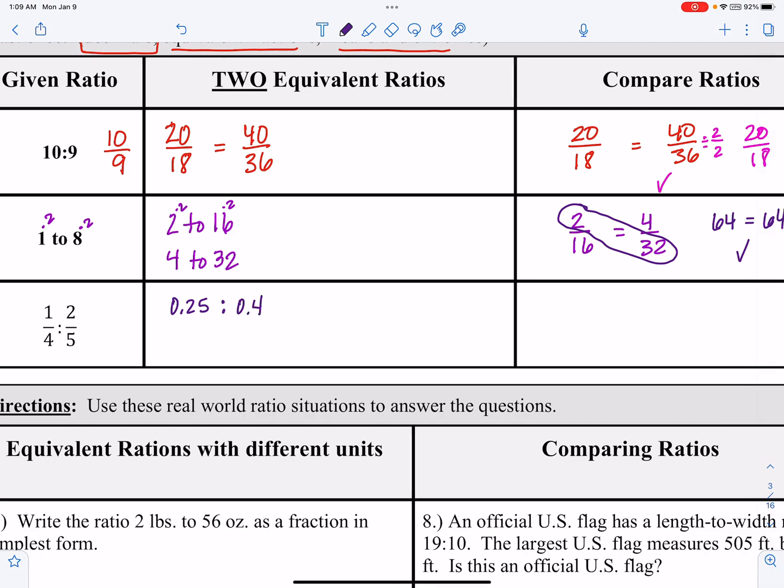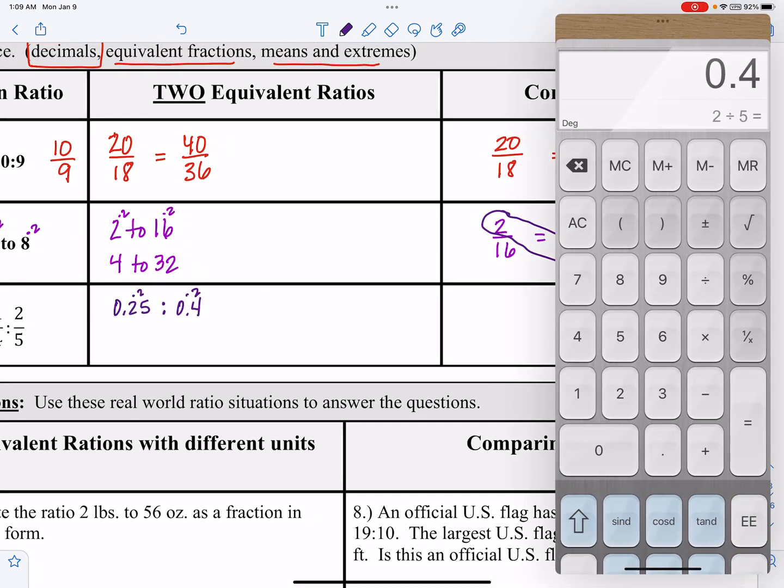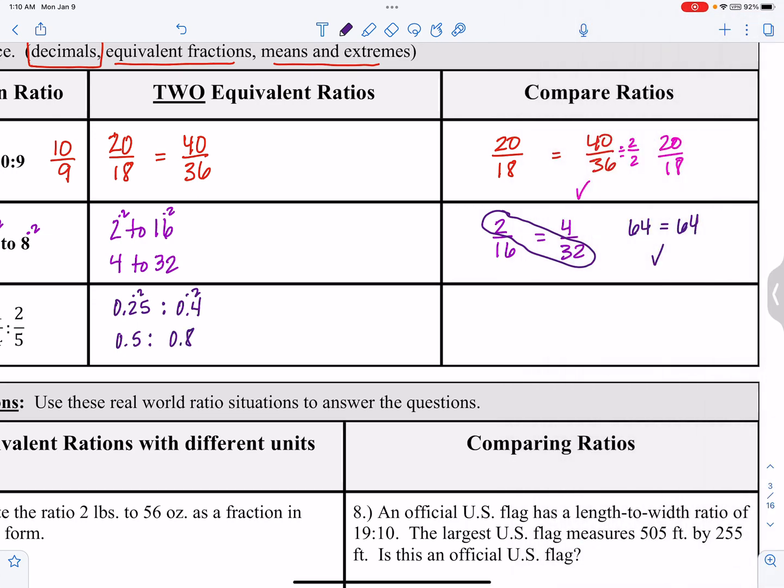Okay, so we've written that as a ratio that way. And then again, to create an equivalent ratio, the trick is to just multiply by 2, multiply by 2. And so we have 0.25 times 2 is 0.5, and 0.4 times 2 is going to be 0.8. So there's our two equivalent fractions.